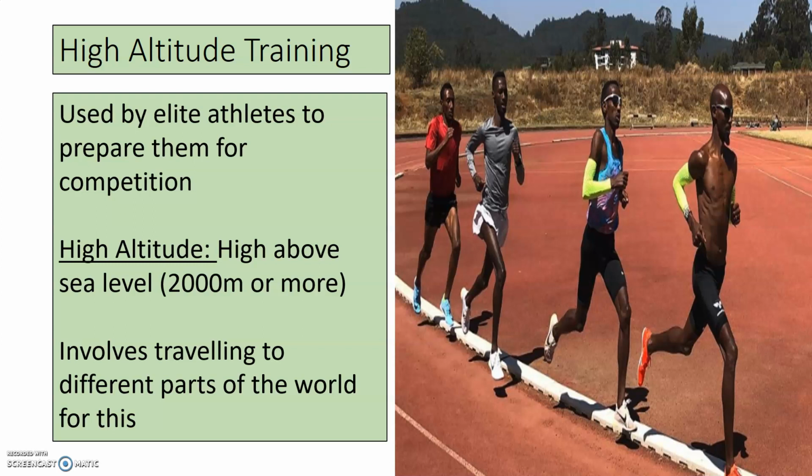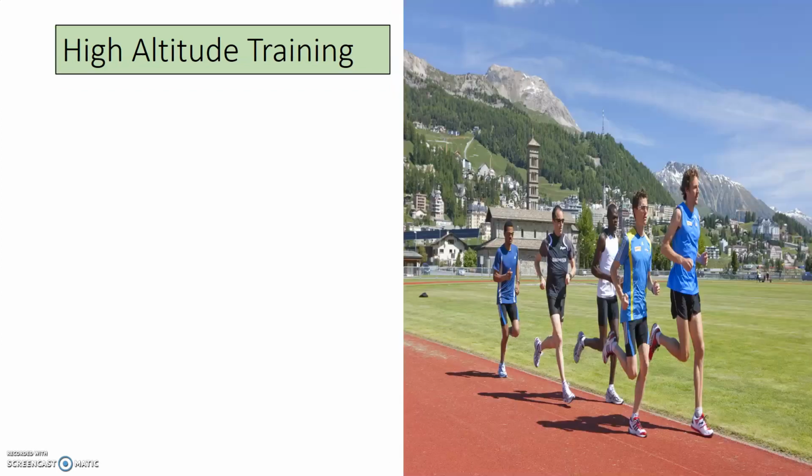So by high altitude, we're talking about, in essence, about 2,000 meters or more above sea level. Okay, so the type of places where high altitude will occur will be up in the mountains, for example in the Himalayas and parts of Africa and so on. And this often involves a lot of travel to different parts of the world in order to be able to perform and do high altitude training.